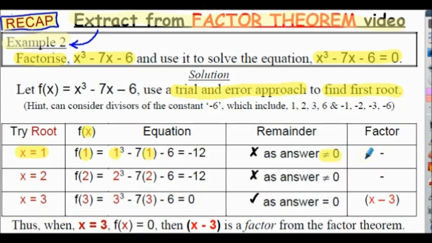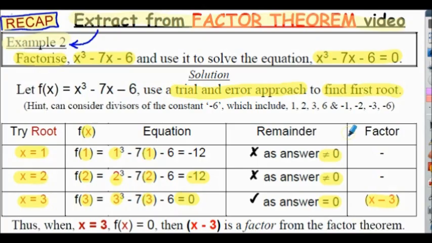So let's try another value of x. We try x equal to 2, wherever we have an x in the expression, again that doesn't equal 0. So try x equal to 3. When inserting 3 for x in the expression, we find that does evaluate to 0. So as the answer is equal to 0, then x minus 3 is a factor.